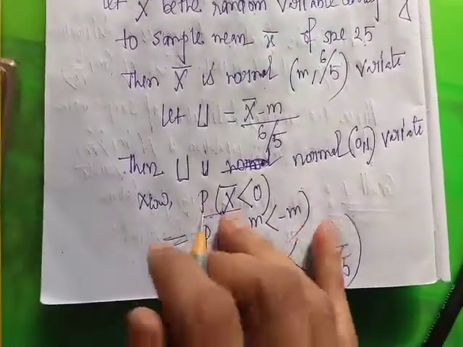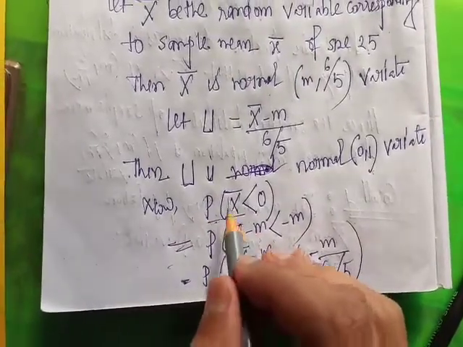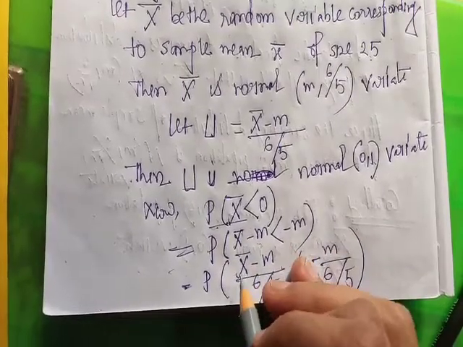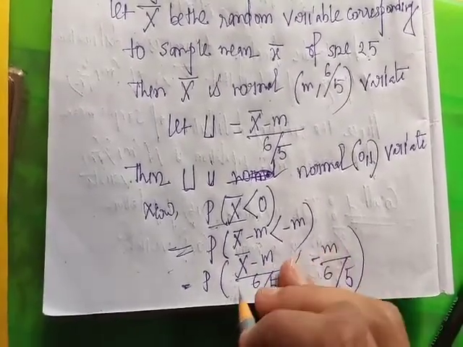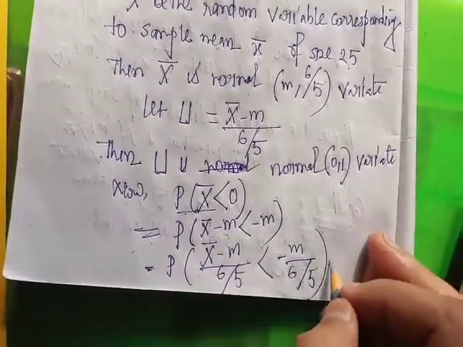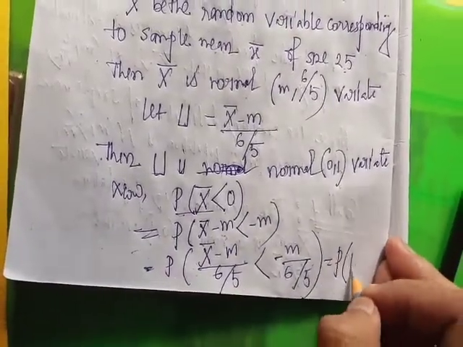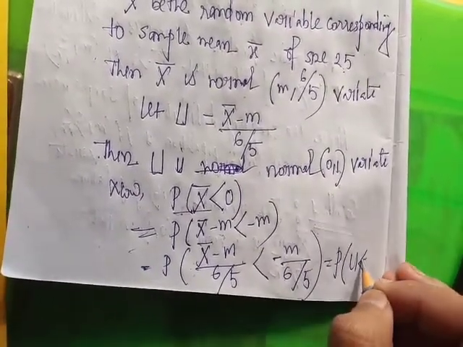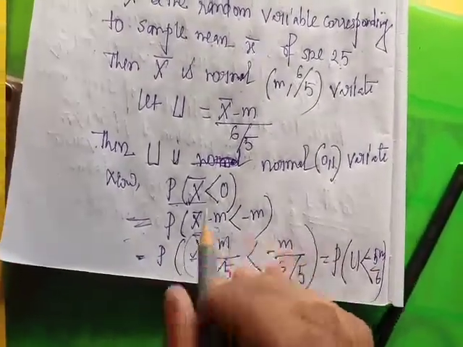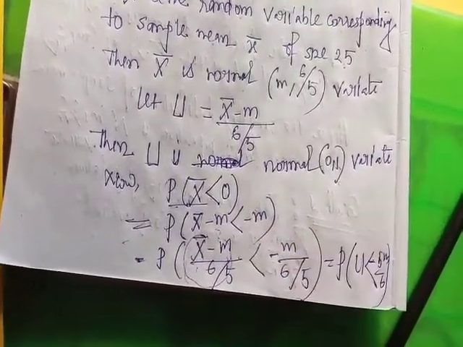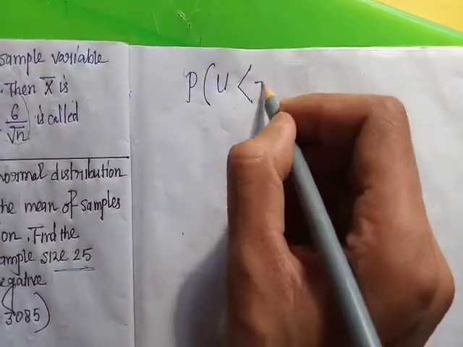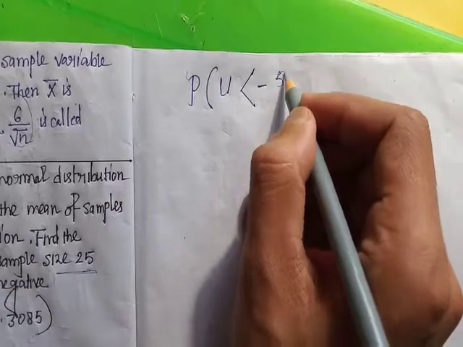So the probability of capital X bar less than 0 equals the probability of capital X bar minus m less than minus m, which equals the probability that (X bar minus m) by sigma by 5 is less than minus m by sigma by 5. This equals the probability of U less than minus 5m by sigma.